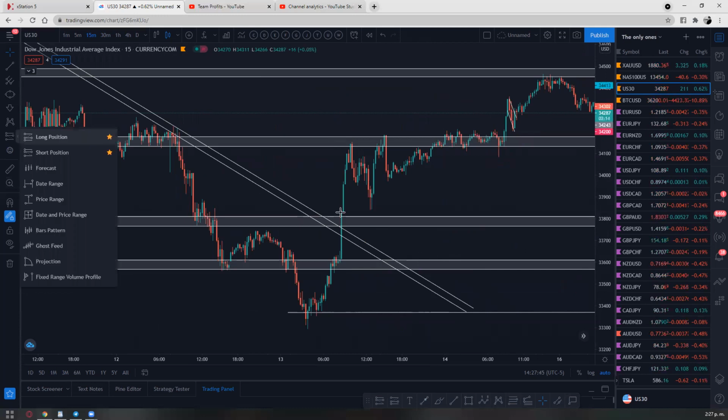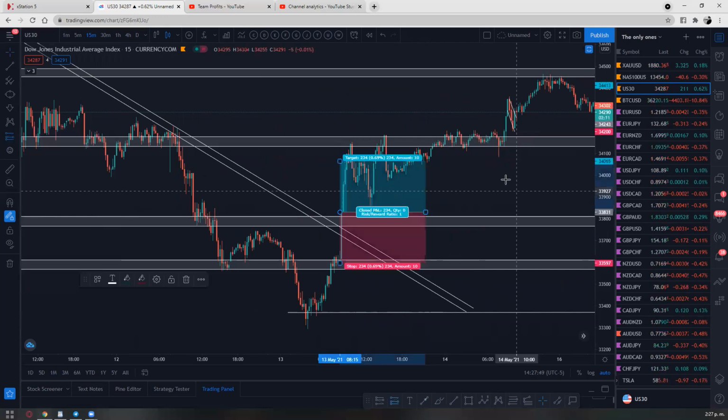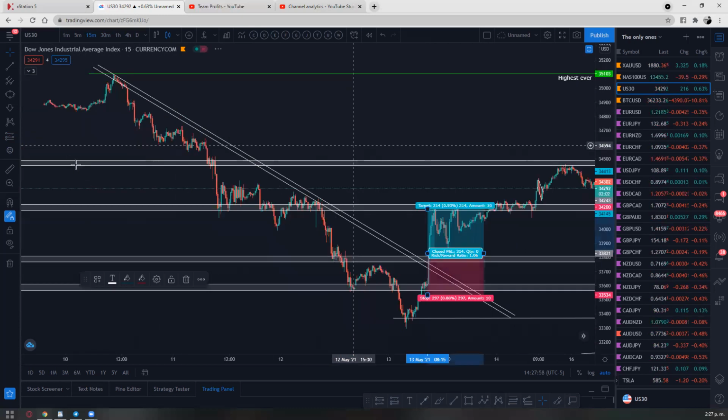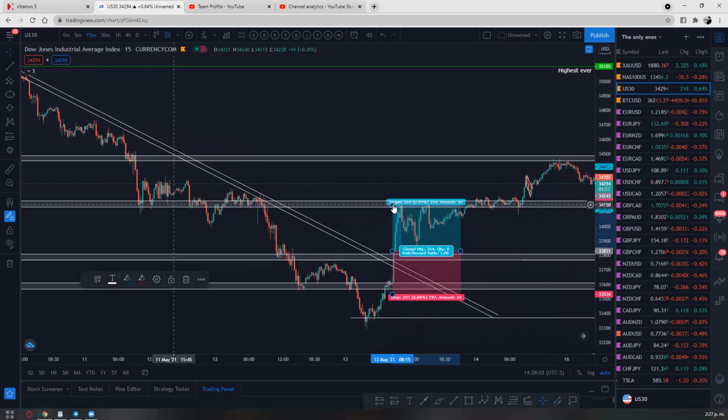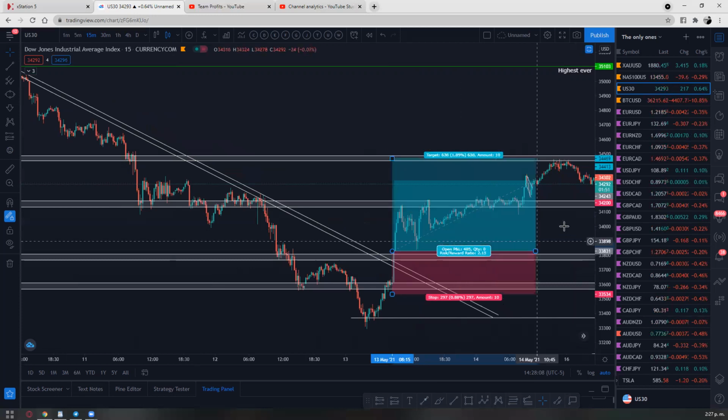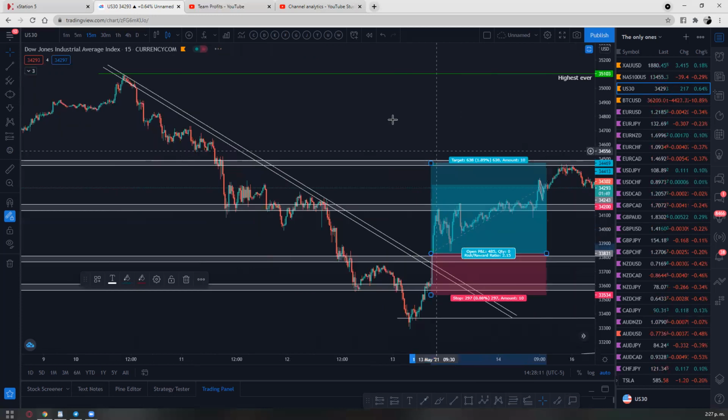The stop loss maybe below this low, below this structure right here. Take profits, you can be aiming, because I'm on zones right here. It's important to draw your structures. So you can put your first take profit here and second take profit there. It's just an example. So that's just by following price action.